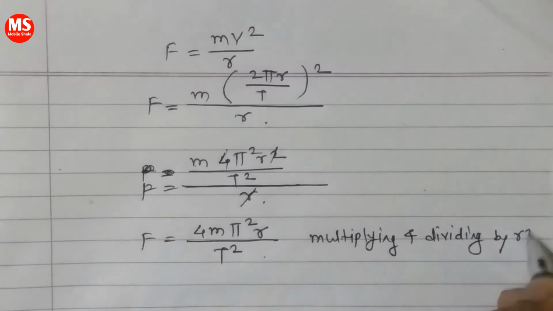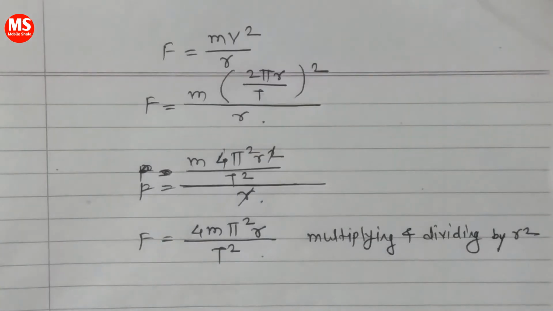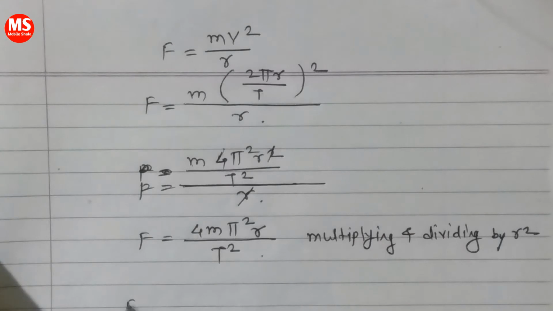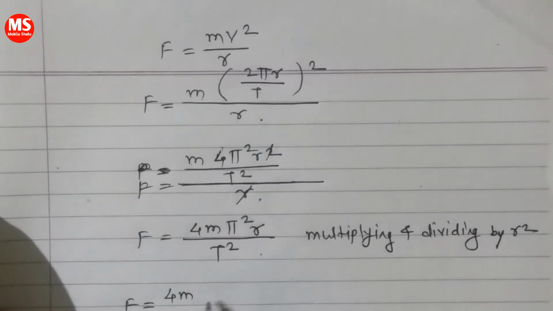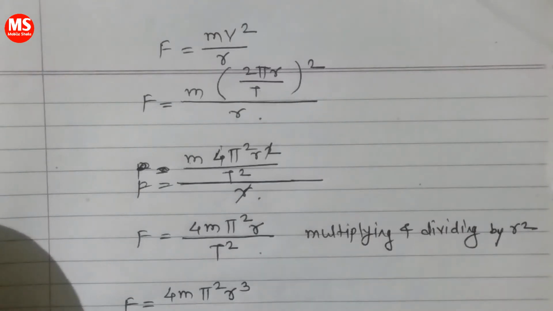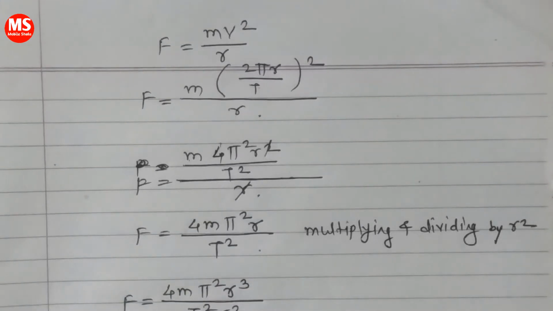Multiplying and dividing by r square, we get F is equal to 4m pi square into r cube upon T square into r square.